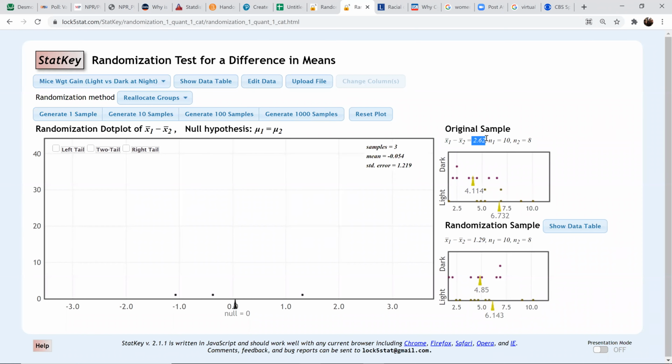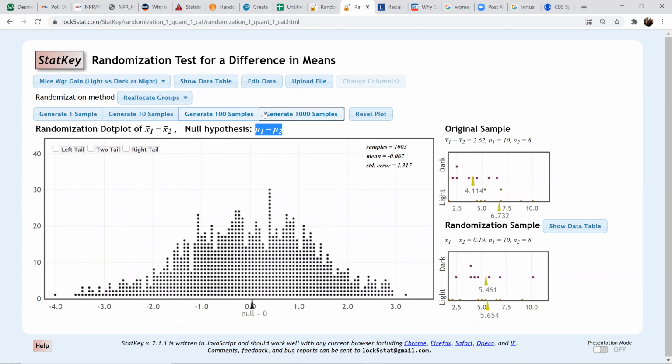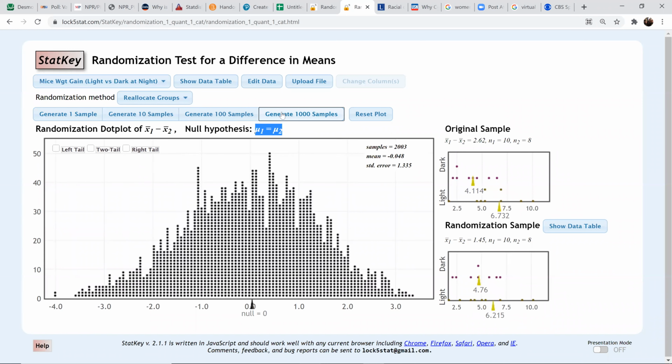Is that really unusual, to the point that I can start saying, you know, I don't think that these come from the population with the same mean? We're going to do what we did with the last one. That is generate, say, 1,000 samples and generate 1,000 more if you'd like. Now, this is the distribution of differences if the weight gain really didn't make a difference, it was just assigned at random.